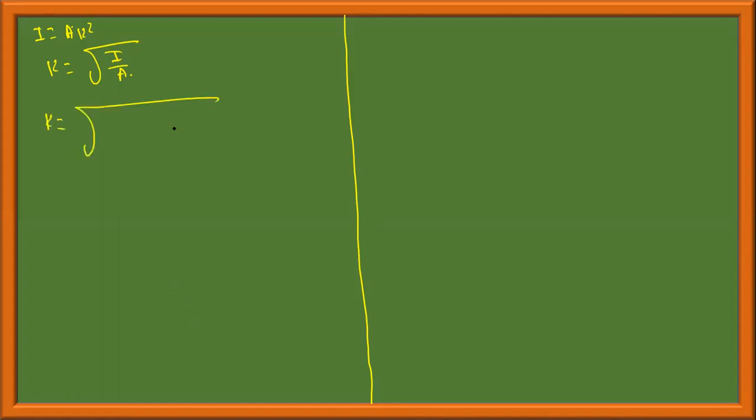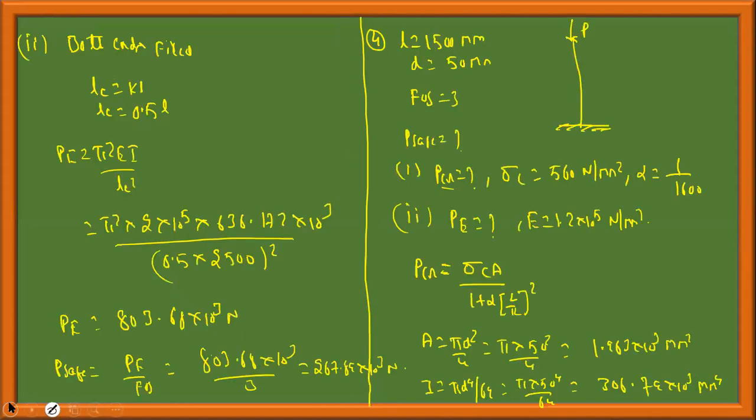Next, I is equal to A k square, so k is equal to root I by A, right? K we need to calculate, which is equal to root of 306.796 into 10 power 3 by area of cross section, 1.963 into 10 power 3.